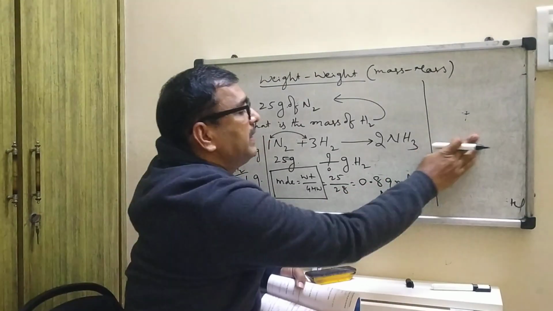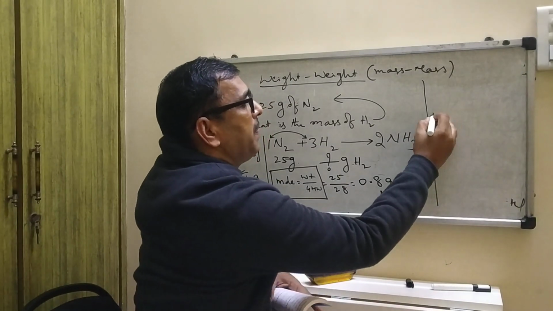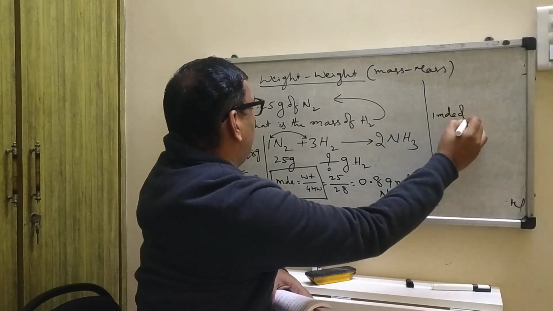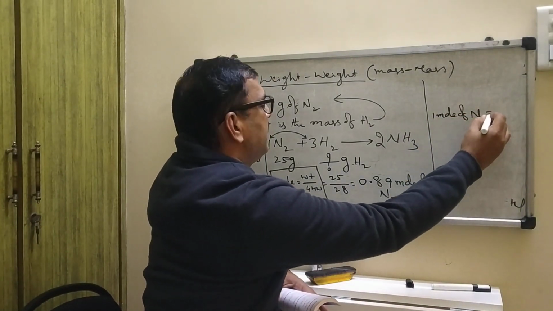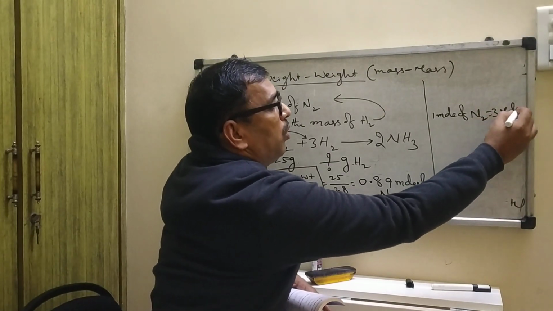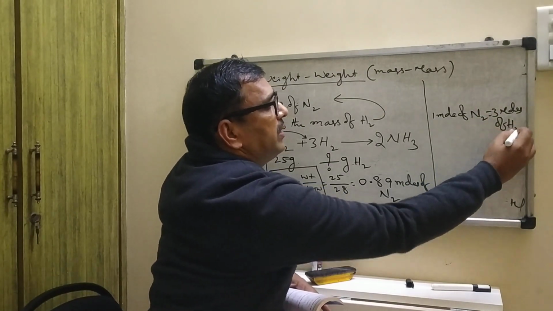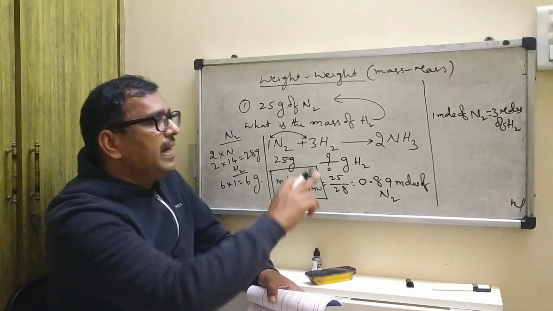From this equation, 1 mole of nitrogen corresponds to 3 moles of hydrogen. This is a standard equation.